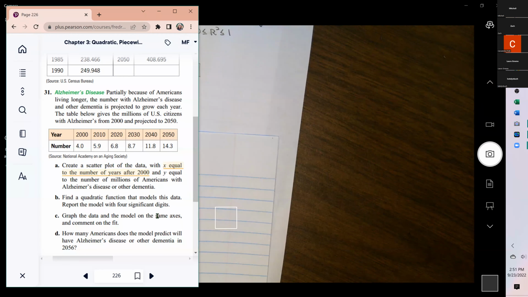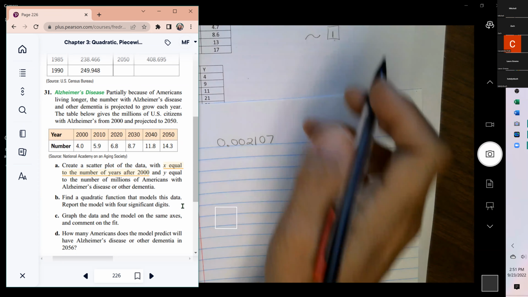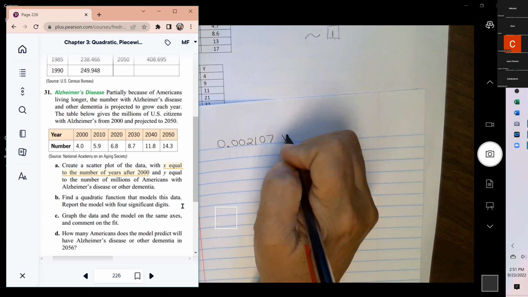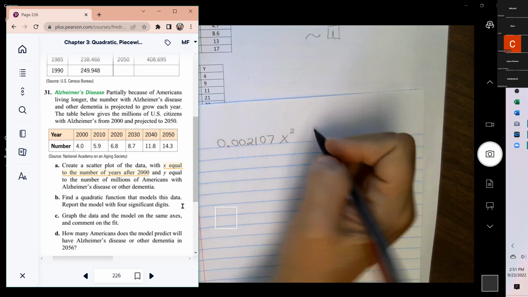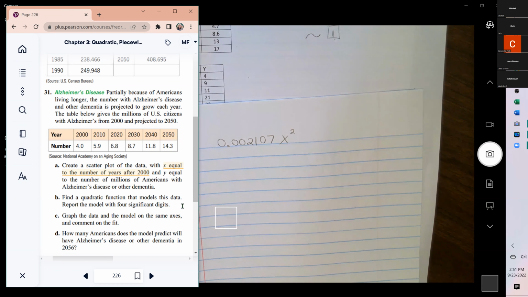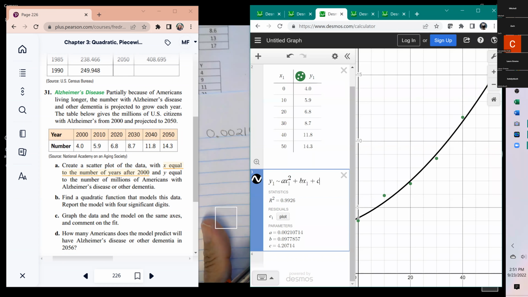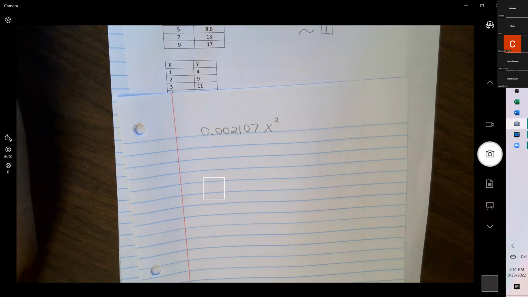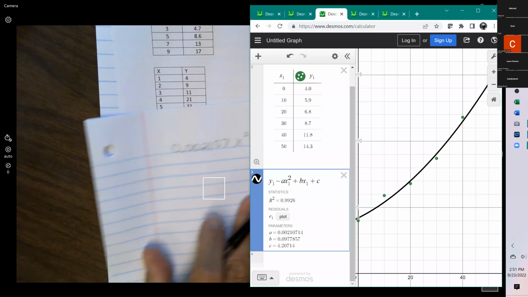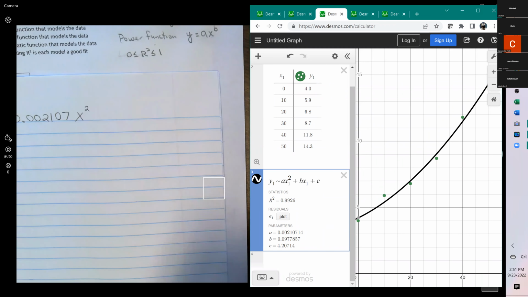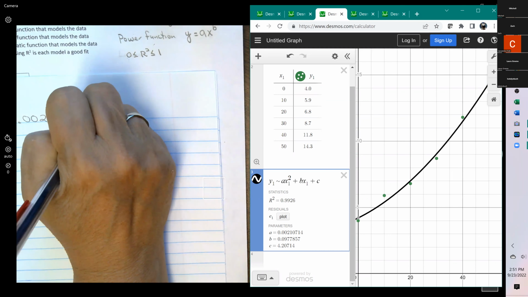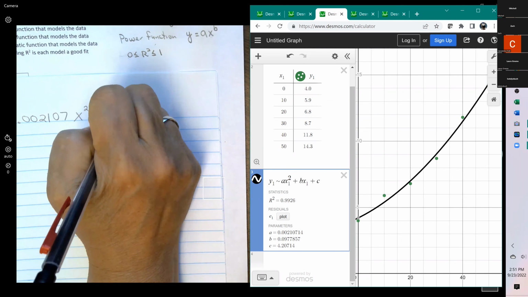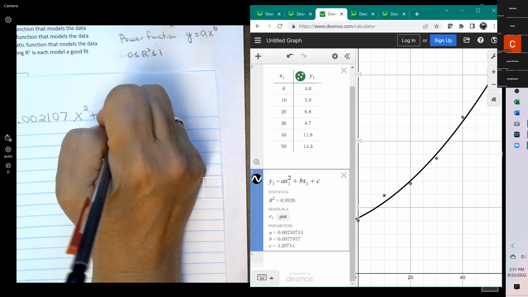4 significant digits. So you have to be careful, that doesn't mean 4 decimal places. Quadratic ax squared. And then b was positive 0.0, so 4 digits, 977.